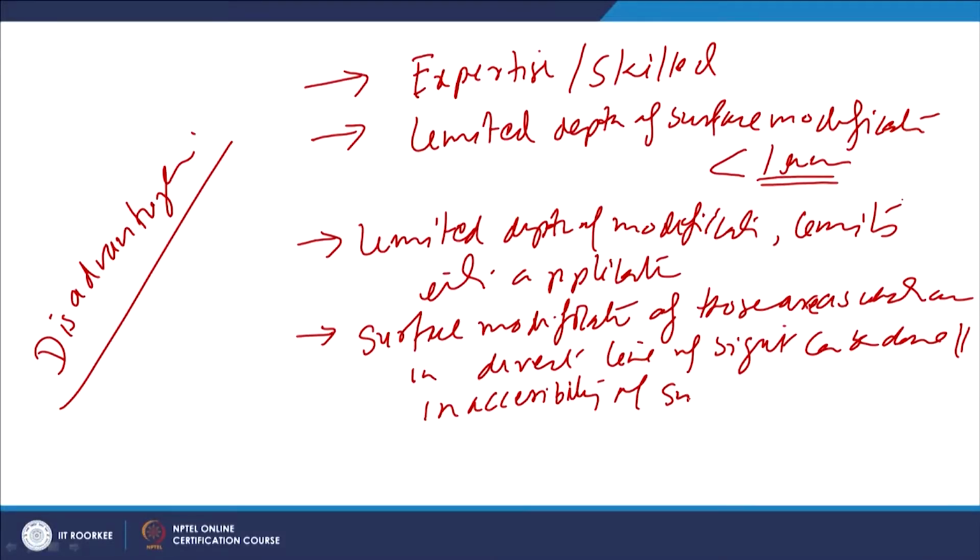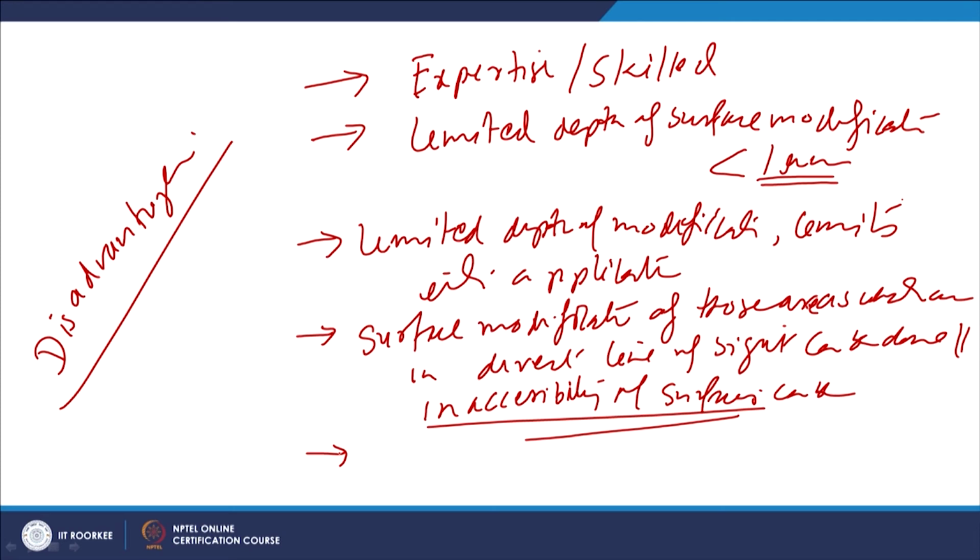All those areas having inaccessibility issues and not in direct line of sight of the ion beam source cannot be modified using this process. So, inaccessibility of the surfaces can be an issue, one limitation as far as the areas which can be modified using this process.